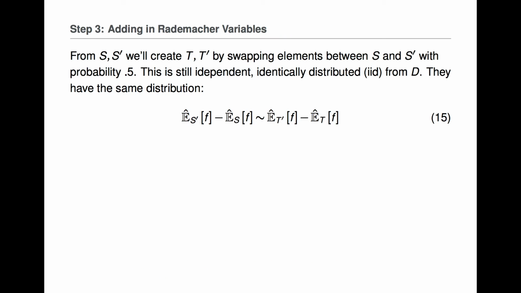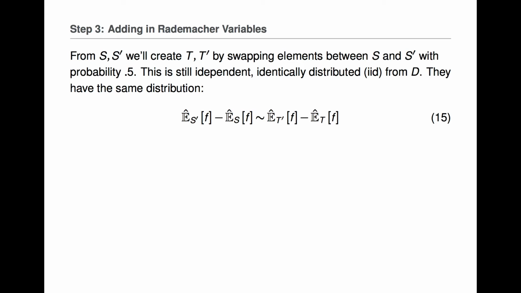We'll create two new sets, T and T prime, by basically swapping elements between S and S prime with probability 0.5. This doesn't change anything, it's just a little bit of bookkeeping. S and S prime both came from the same data distribution, and that's also true for T and T prime.